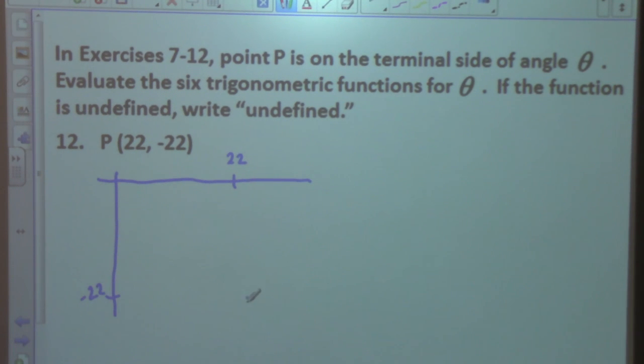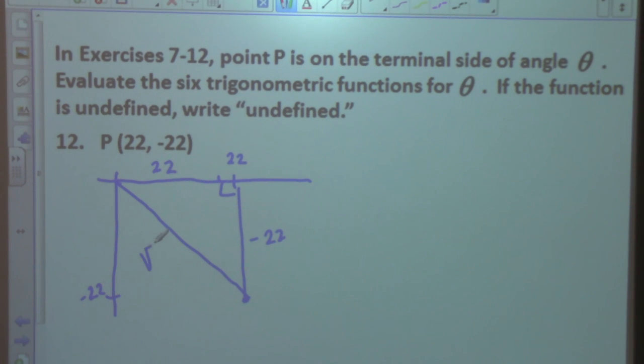So here we have what it is. This is going to be our reference angle. So we have negative 22. We have 22. In this one, we have square root of 22 times 22, 968.